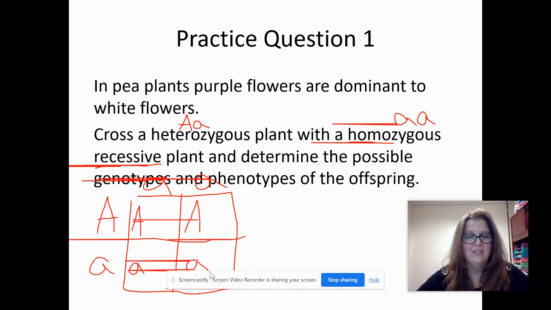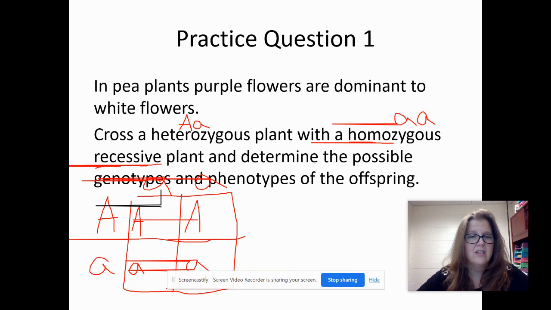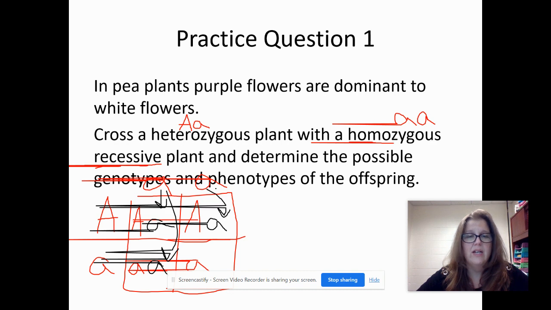And then you're going to take this little a and bring it down. So little a here, little a here, little a here. This one comes straight down, and this one also comes straight down. I don't know why it's skipping like that. It's really messy. I'm really sorry about that.